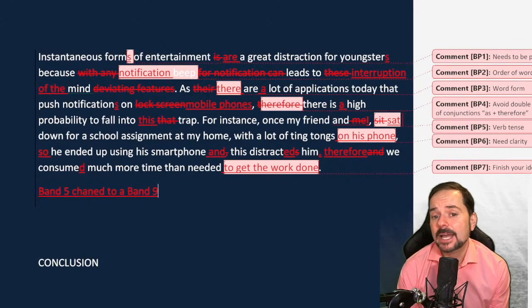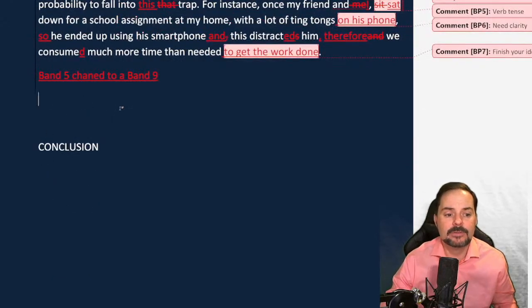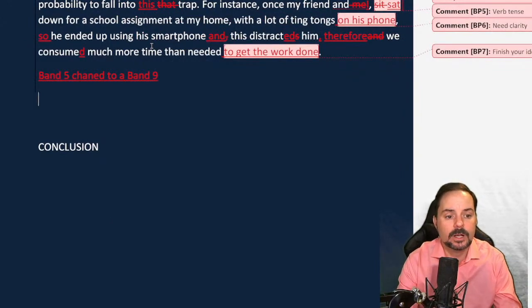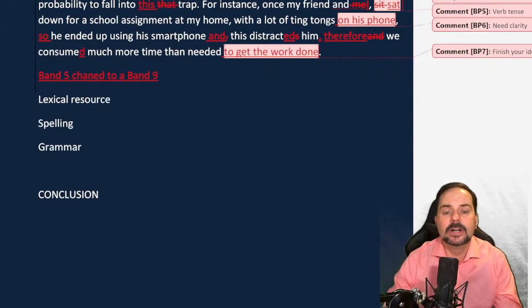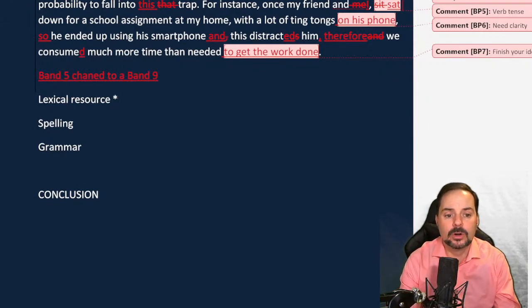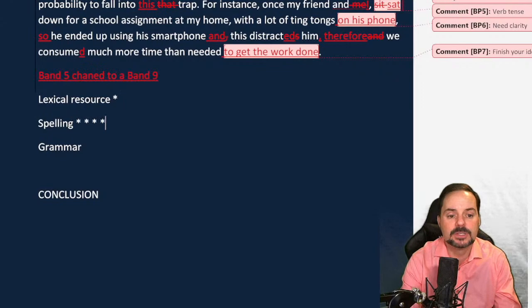However, in their mind, they are kind of cataloging this, and they have like a sheet, okay, that has some points on it, like lexical resource, spelling, grammar, and anytime they see you make a mistake, they'll give a mark that you're basically losing a mark for lexical resource, or that you're losing a mark for spelling. Anytime that they see a spelling mistake.